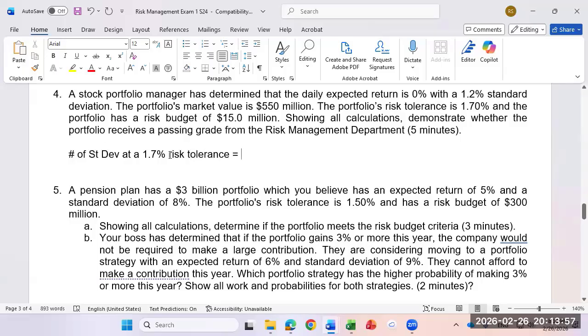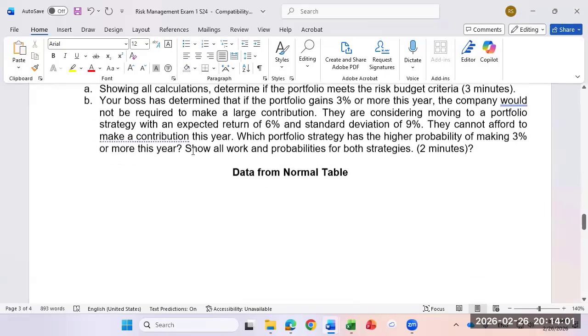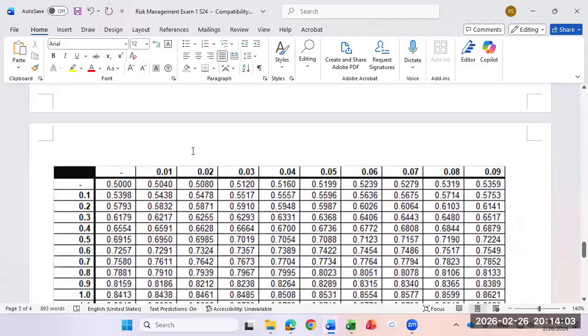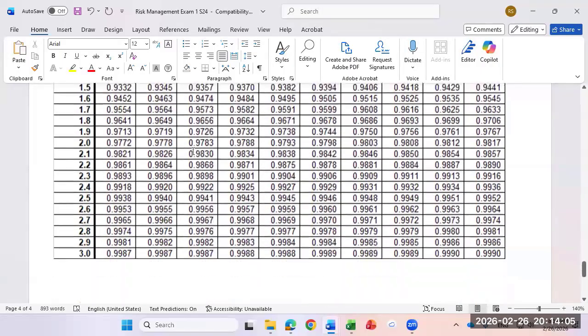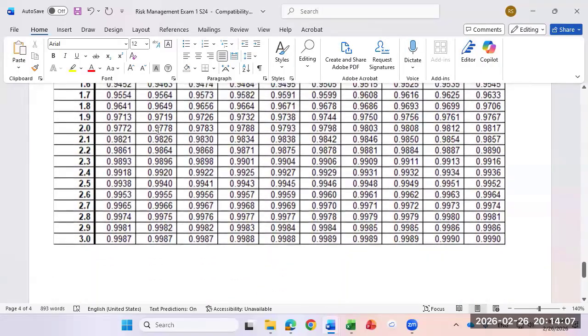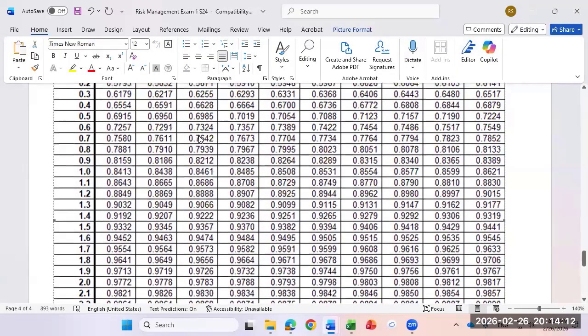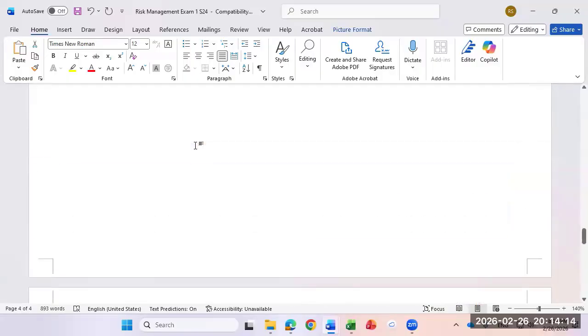Any takers on that? 0.983, is that right? There it is right there. 2.12.